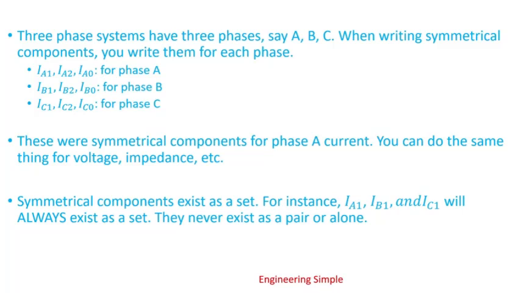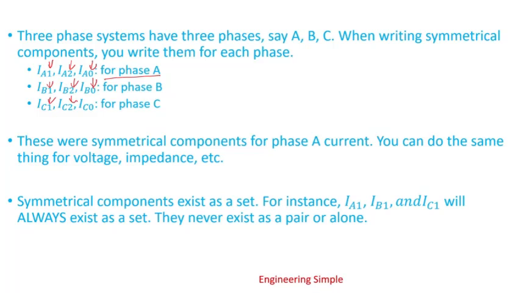So as we know, three-phase systems, they have, say, if we call them ABC, because you can call them anything, 1, 2, 3, red, yellow, blue, whatever. So if I call them ABC, when writing symmetrical components, you write them for each phase. So for phase A, you write positive sequence, negative sequence, and 0 sequence. Phase B, you do the same thing.